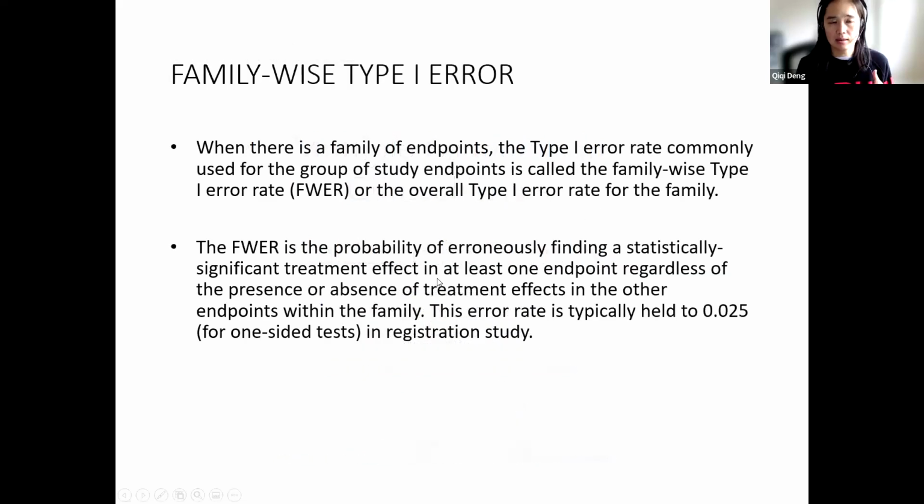And then there is a concept called family-wise type I error that you really want to control. A phase 3 study should have the family-wise type I error below a certain level.